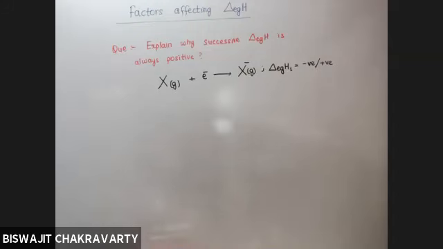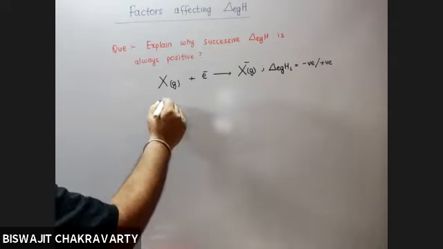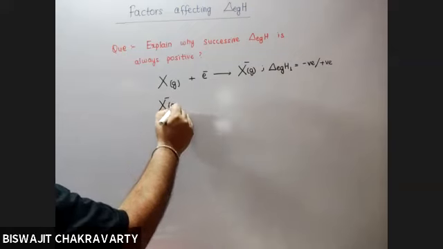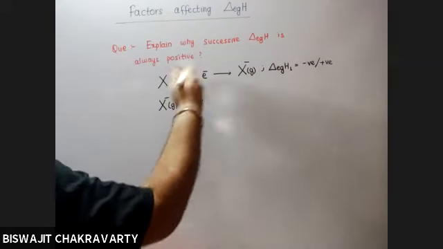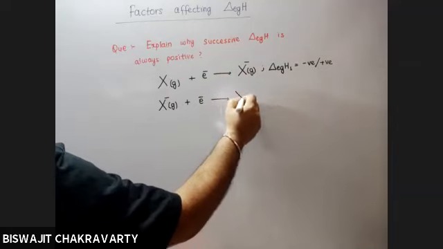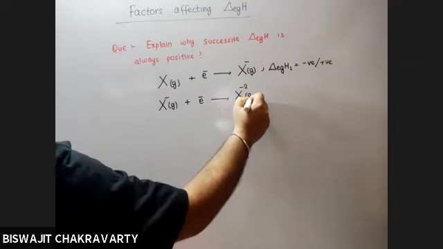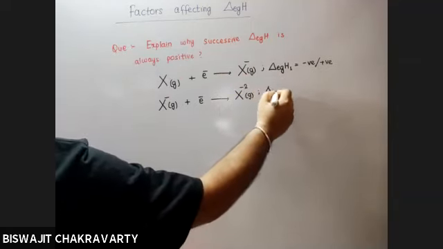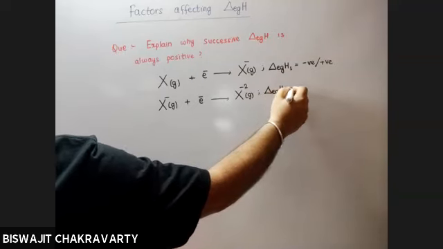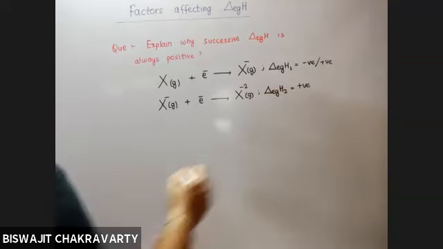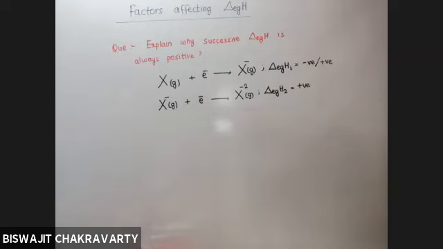And if it is a stable gas, it will be positive. But if you want to provide one more electron to any one of them, the delta EGH2 will always be positive. And there is no exception to this rule.